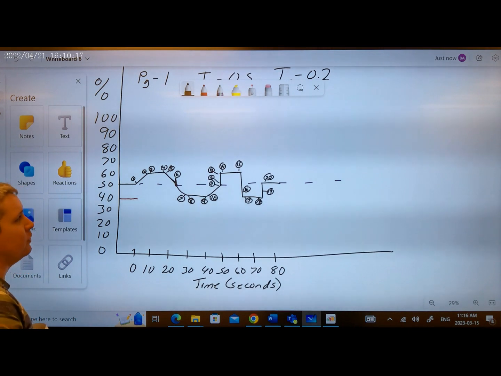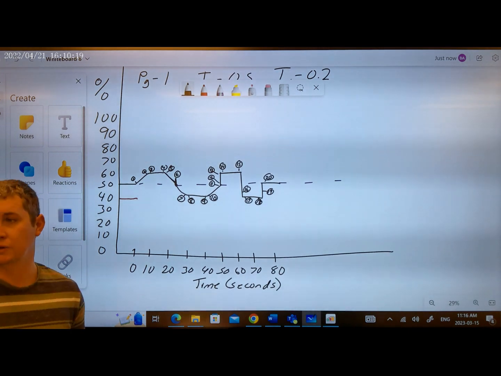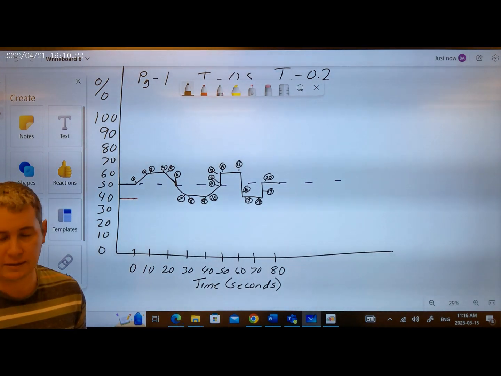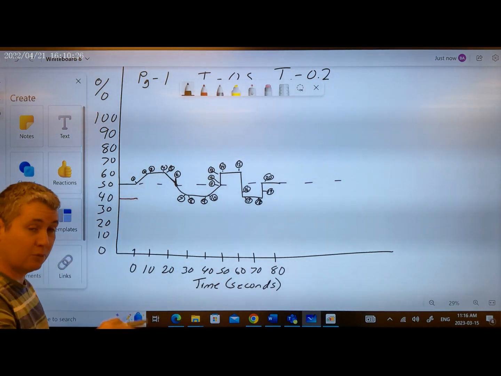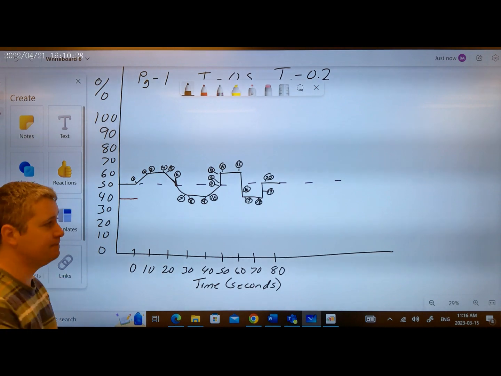And we know if the error is 0, proportional is not going to do anything. Integral is not going to do anything. But as soon as it starts to go on this ramp right here, derivative is going to start to do something.